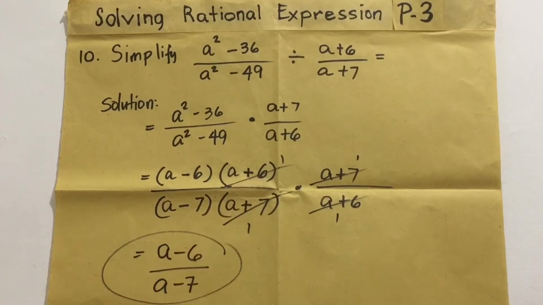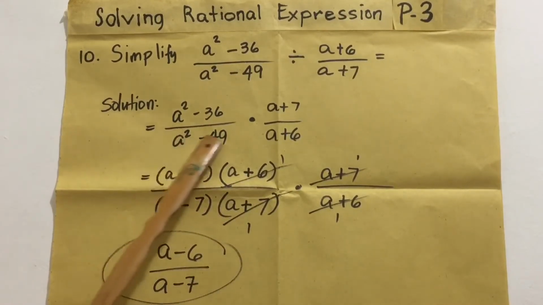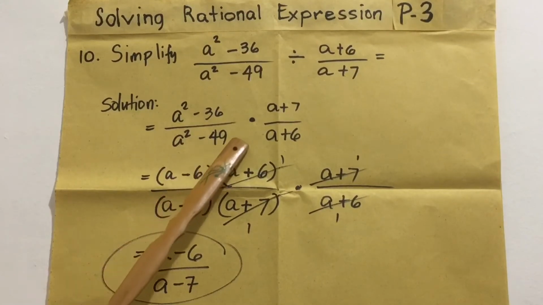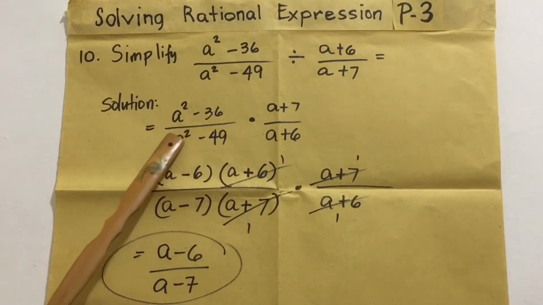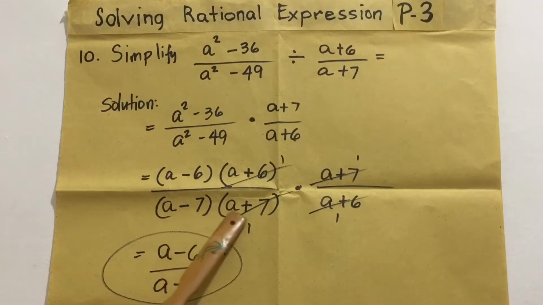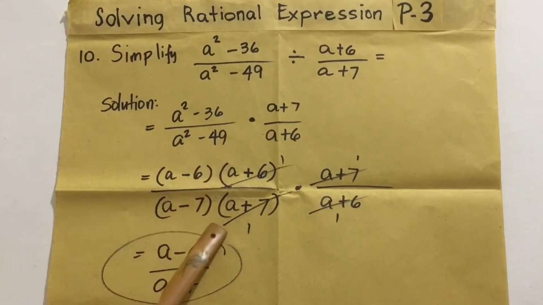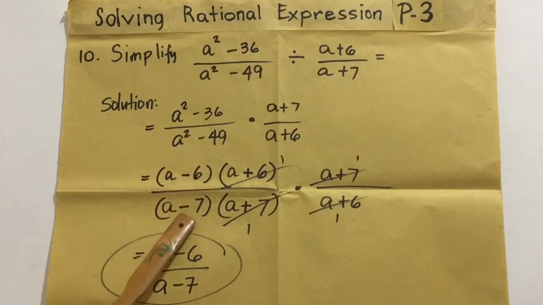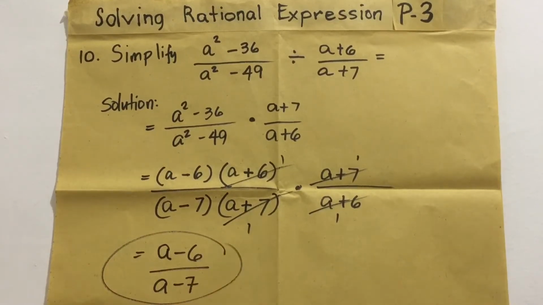For the denominator, we have a squared minus 49, so we're going to factor also because 49 is a perfect square and also a squared. The factor of a squared is a, and the factor of 49 is 7 and 7. Since we have a negative here, our answer is one negative and one positive.